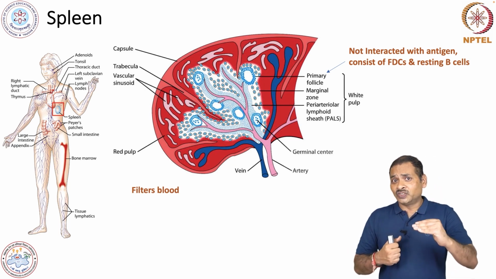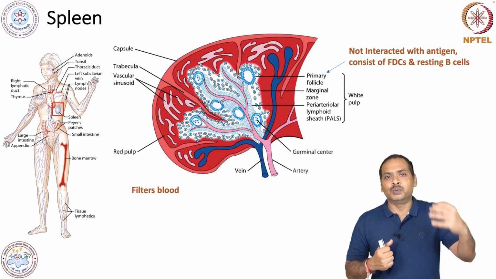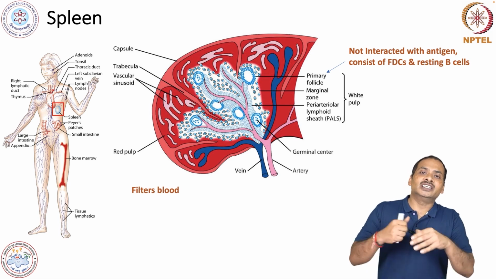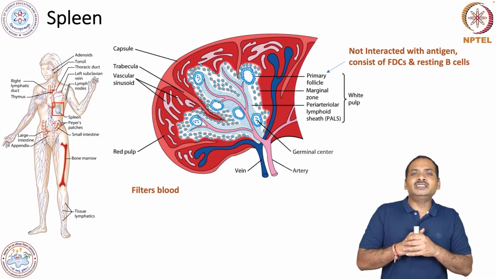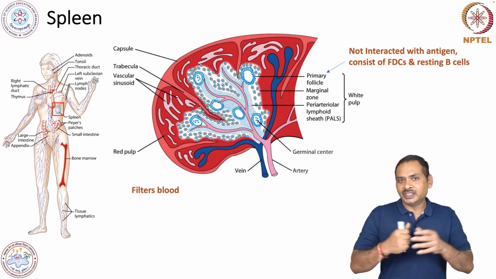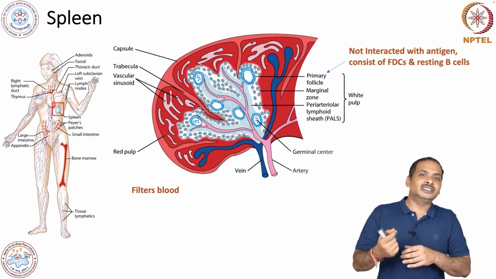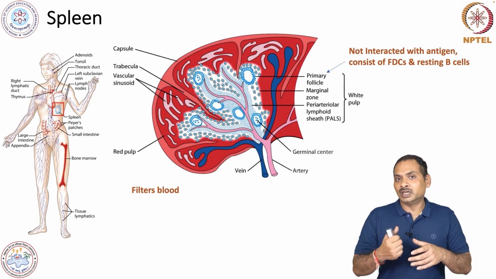Due to this function, the spleen is a place where all blood borne antigens come, and an immune response develops. Blood borne means antigen can travel by various ways. One way is that the antigen is transported in the blood vessels.